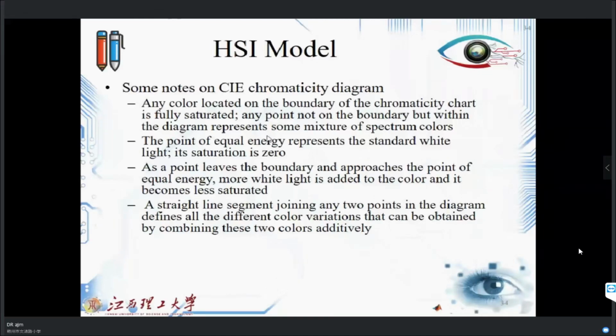As a point leaves the boundary and approaches the point of equal energy, more white light is added to the color and it becomes less saturated. A straight line segment joining any 2 points in the diagram defines all the different color variations that can be obtained by combining these two colors additively.